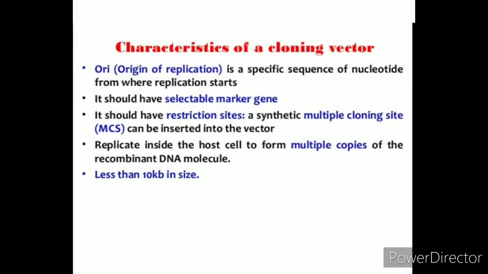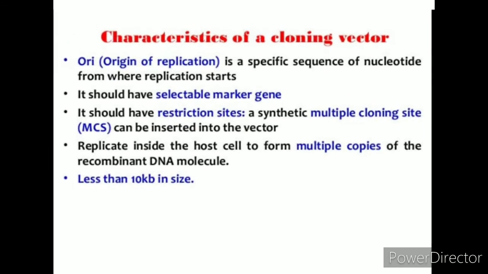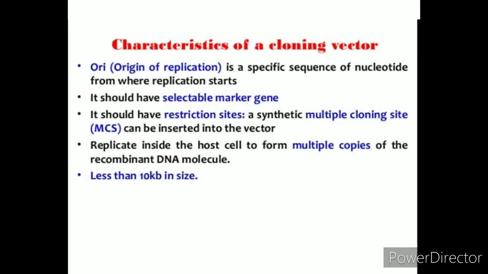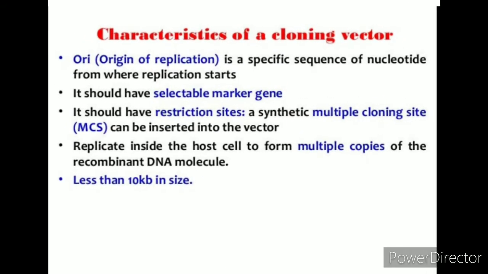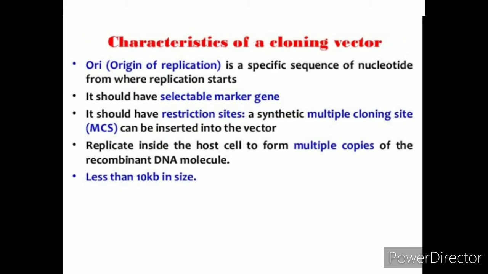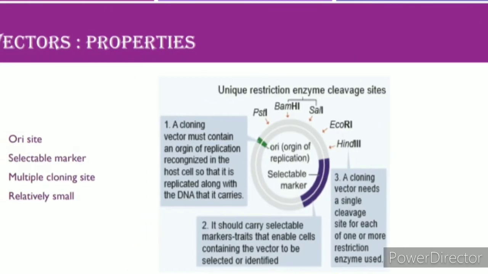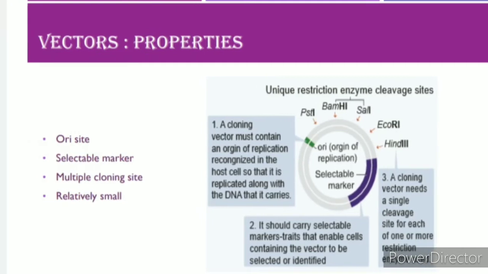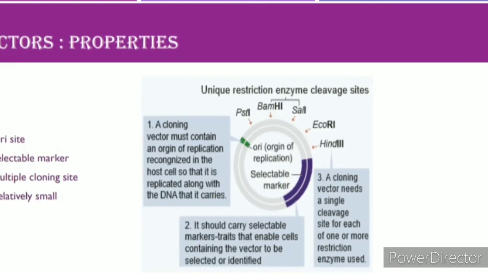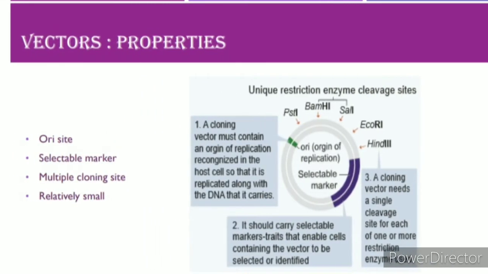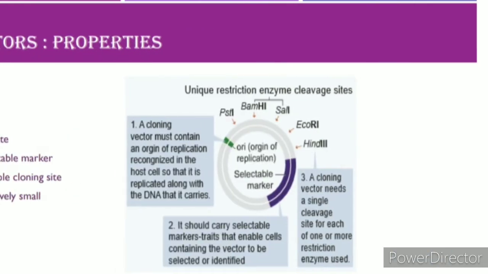A vector must contain an origin of replication so that it can independently replicate within the host cell. It should contain a suitable marker such as antibiotic resistance or ampicillin resistance to permit its detection in the transformed host cell.